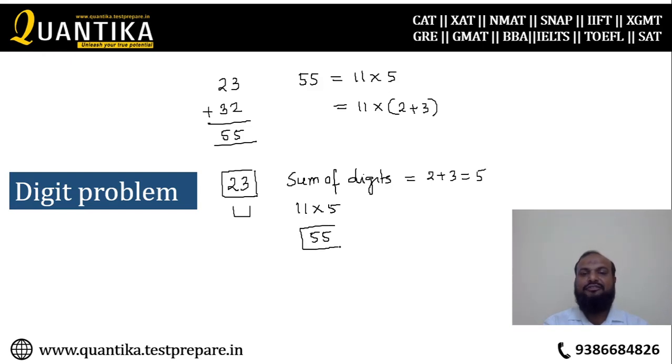What does this signify? Listen carefully. 55 is the sum of a two-digit number and the number formed by reversing its digits.